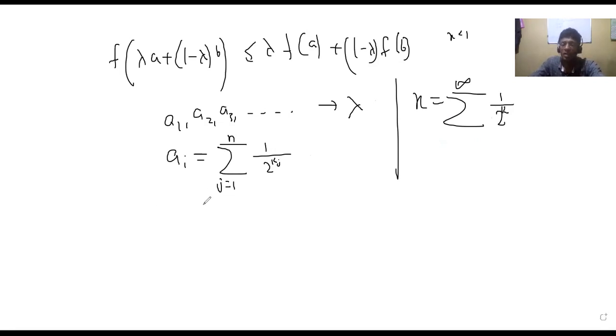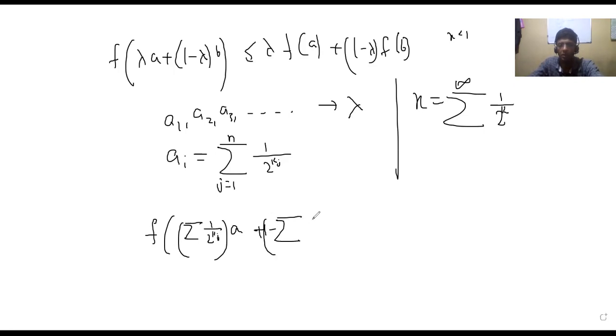Now you have to show that using midpoint convexity, for these kind of numbers, you can get the same thing with 1 minus.